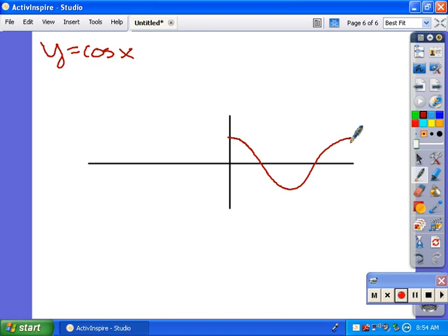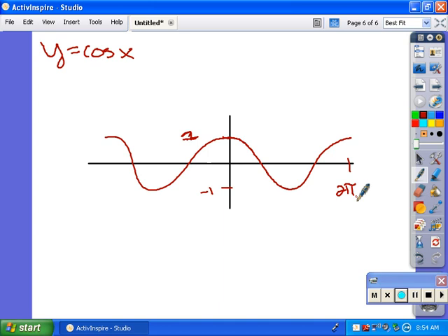Cosine starts at 1. They both bounce between 1 and negative 1, and they both take 2 pi to complete one cycle.